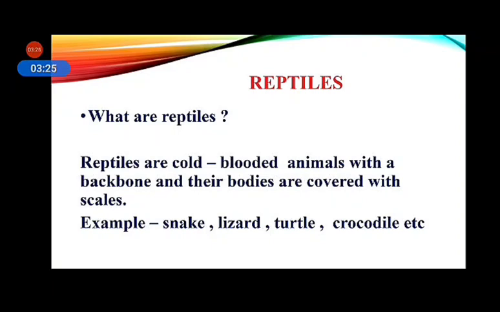Now move to reptiles. What are reptiles? Reptiles are cold-blooded animals with a backbone and their bodies are covered with scales. So they have 3 features. They are cold-blooded, they have backbone and their bodies are covered with scale.